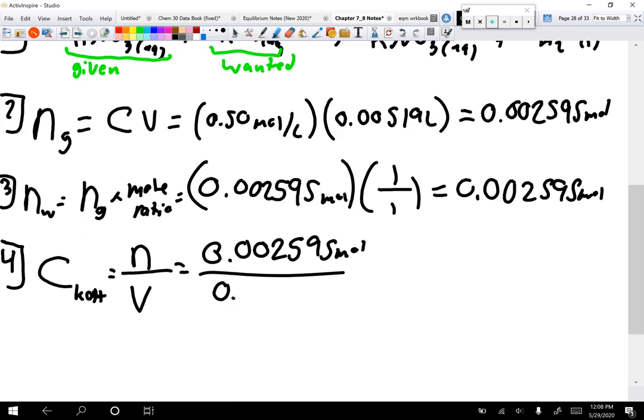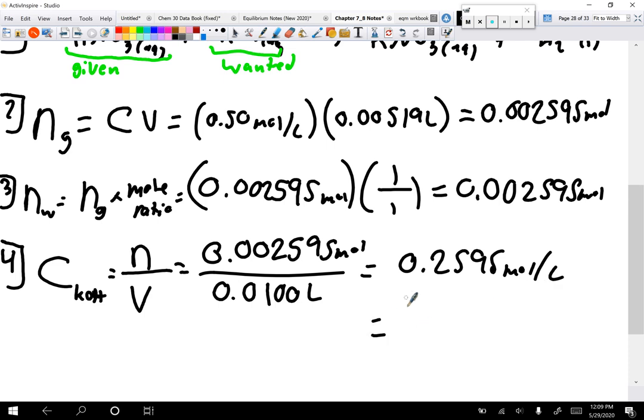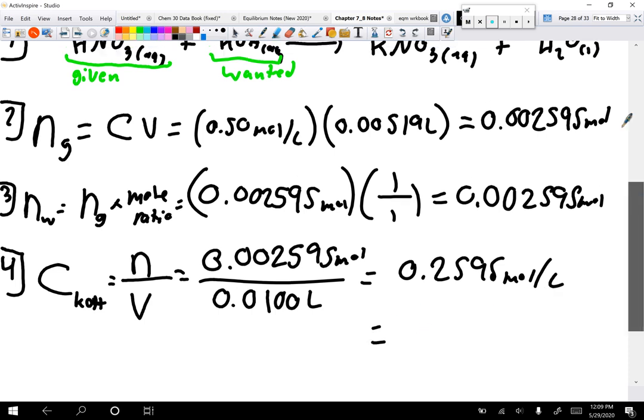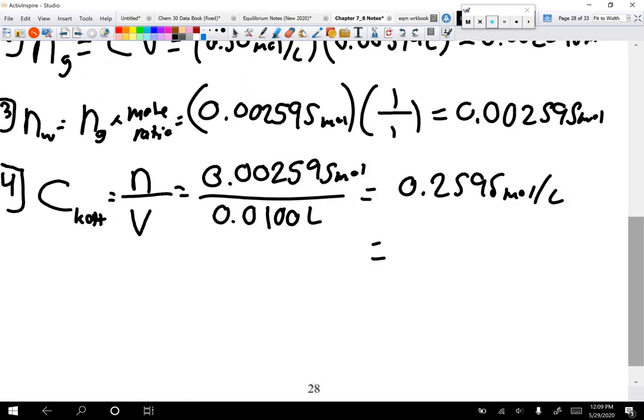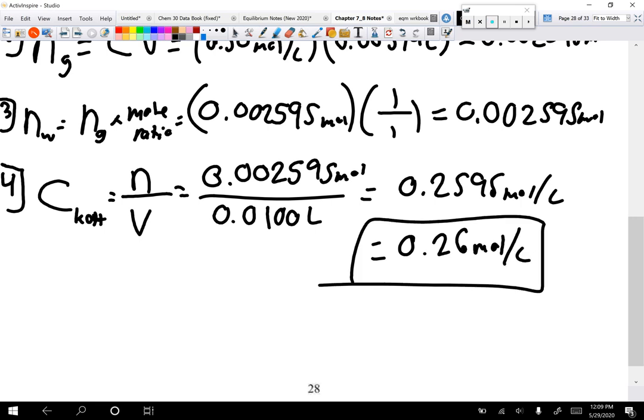So 10 milliliters in liters is 0.0100 liters, and we get 0.2595 moles per liter, or for significant digits, we have 2 significant digits up here, these here 3 significant digits, 3 significant digits. Obviously 2 is the lower one. So we answer our question with 0.26 moles per liter.